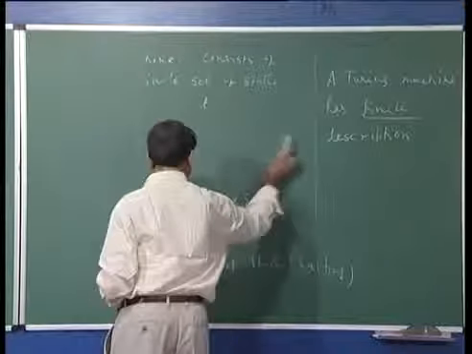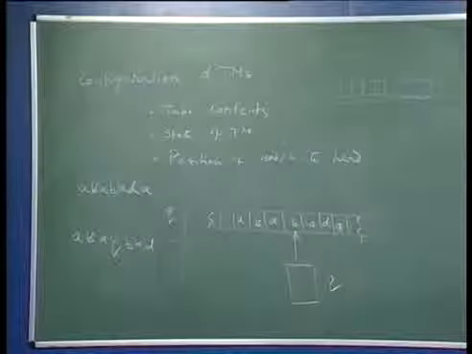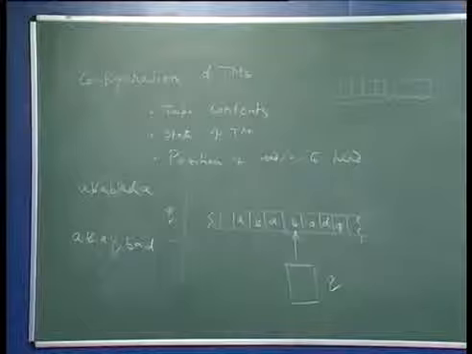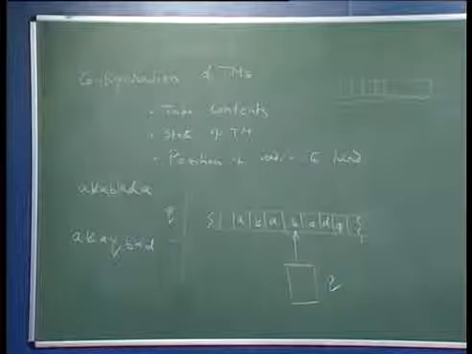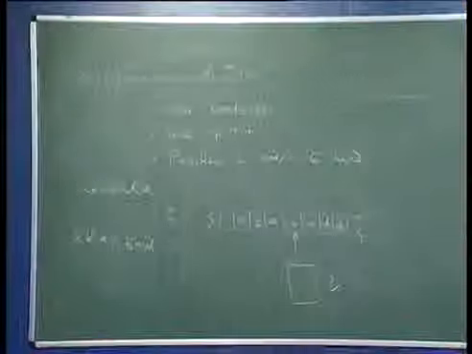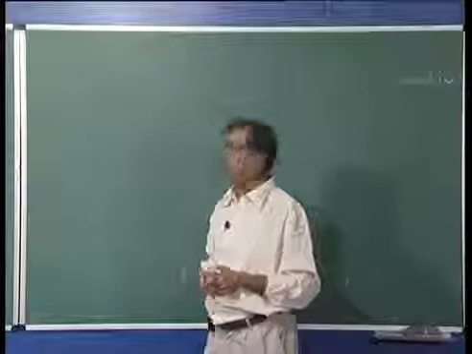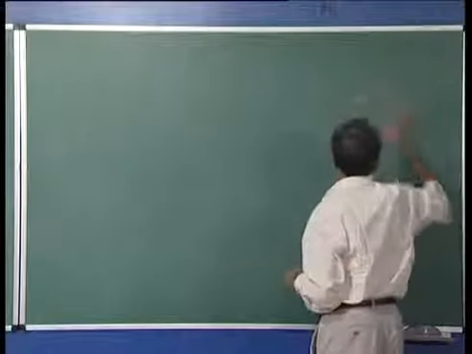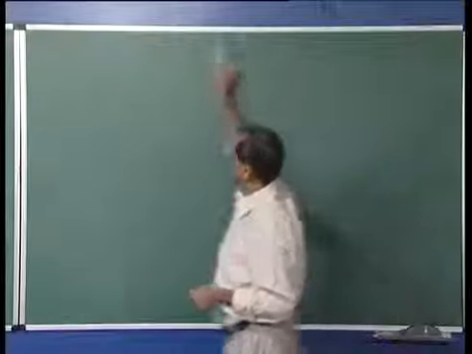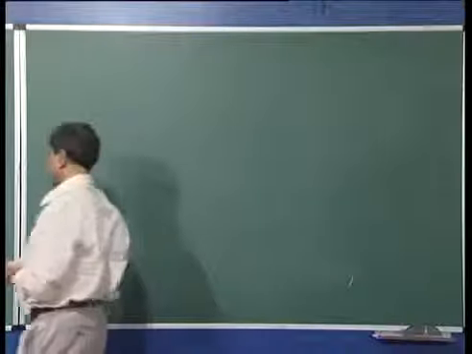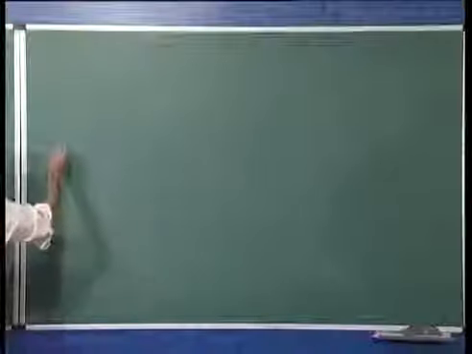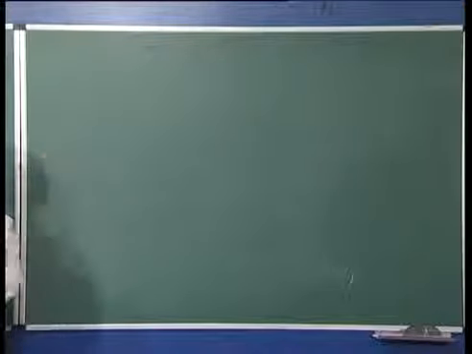So, now what we can say that initially, we always say that initially the Turing machine is scanning the leftmost symbol of the input. That is the kind of convention we all have all the time. So, what is the initial configuration?